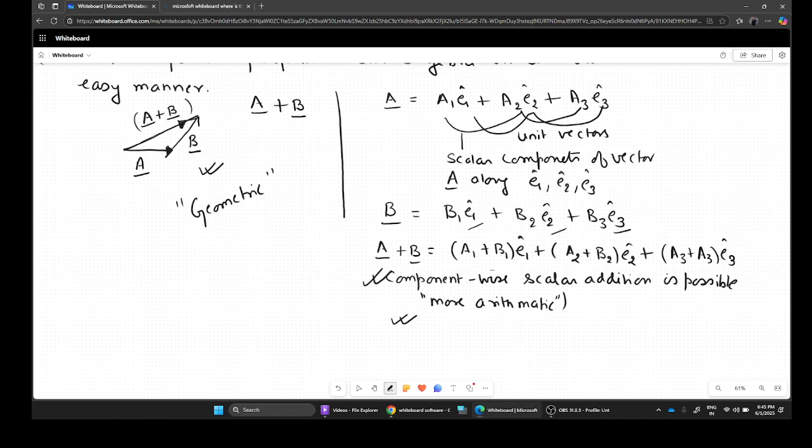Using a coordinate system and performing operations component-wise would be easier than using a geometric method. This is the reason why a coordinate system is useful.